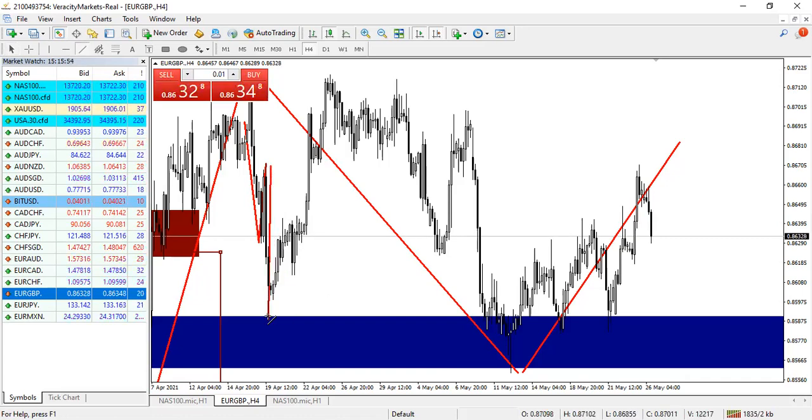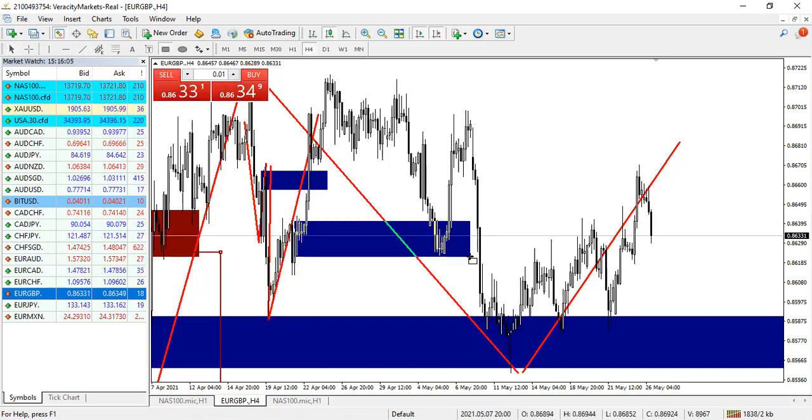Then it broke this low. After breaking this low, I look for my big candle away from the base. This is my big candle. So when the market came back in the future, it came and rejected.